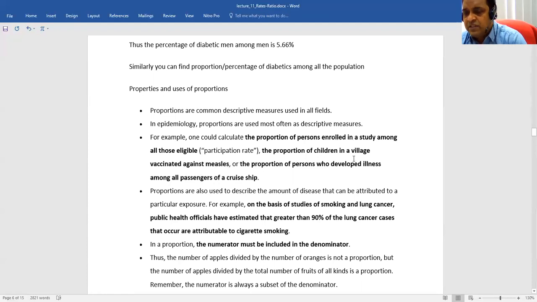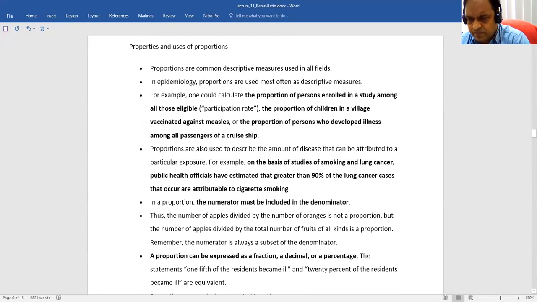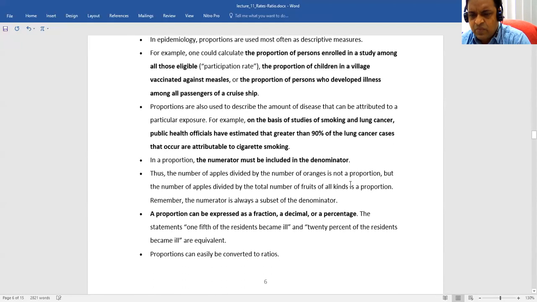So how many children were vaccinated out of total children? The proportion of persons who develop a certain illness among all the passengers in a cruise ship. Okay, in a cruise ship, how many persons develop a certain illness among all the passengers? So there are a lot of ways.